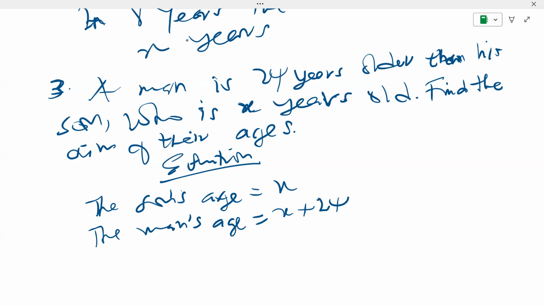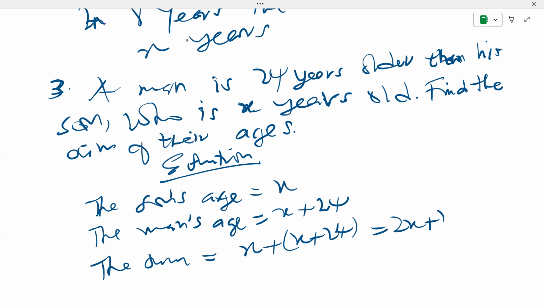Well, that can be seen in the question. And all that we need to do is find their sum. So the sum will give us x plus x plus 24, and that will give us 2x plus 24. And so the sum of their ages will be 2x plus 24.